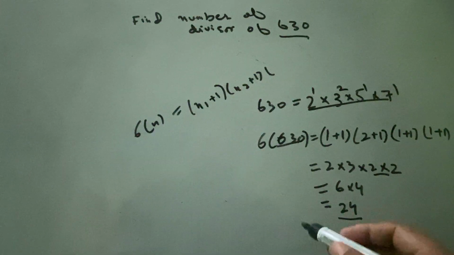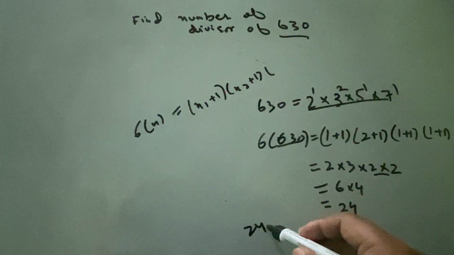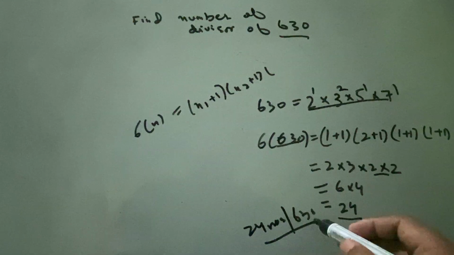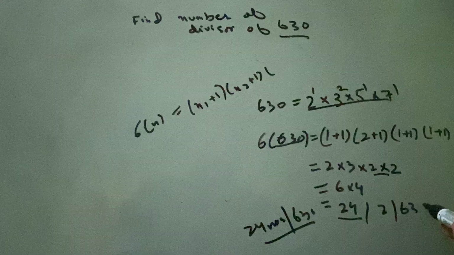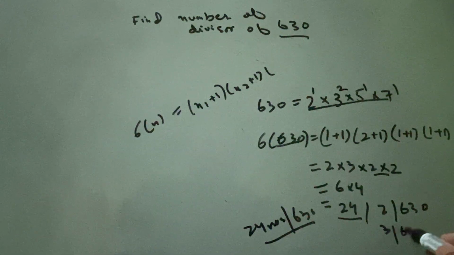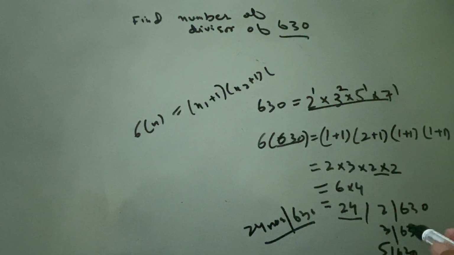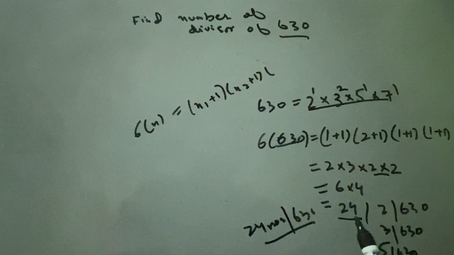This means that there are 24 numbers which divide 630. For example, 2 divides 630, 3 divides 630, and 5 also divides 630. Here are 3 divisors of 630 and 21 other divisors which divide our number 630.